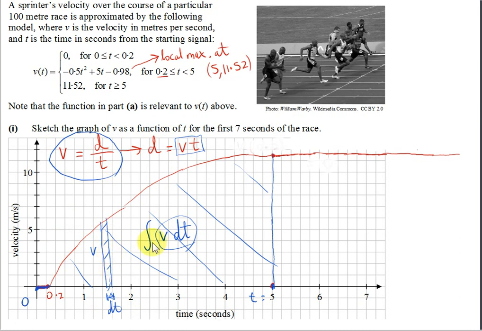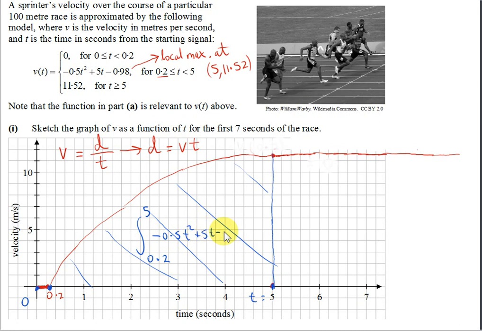And then we just do a simple integration. So we're integrating from 0.2 to 5. They're the limits of integration of v, which is this expression here, v times dt.